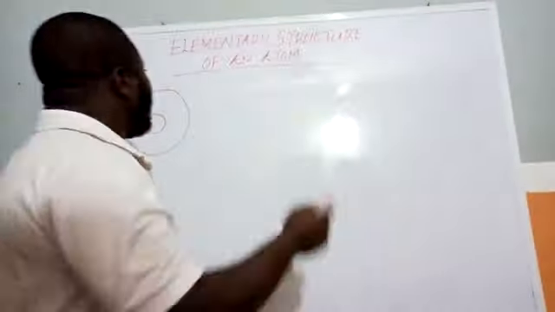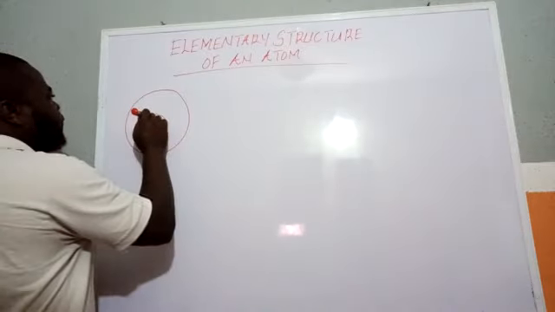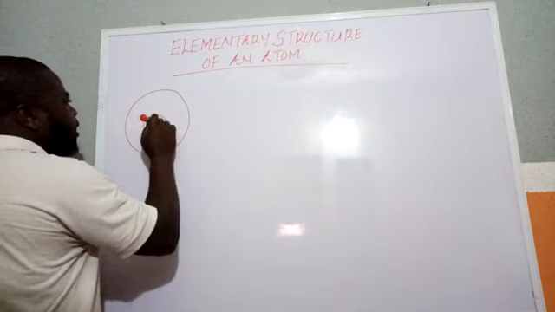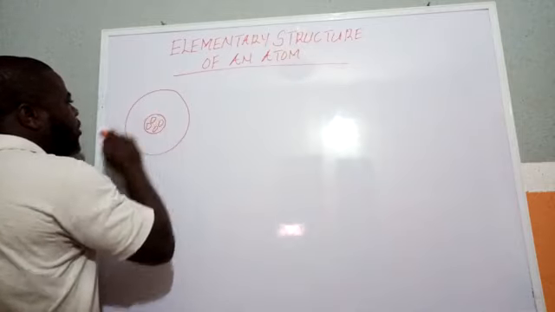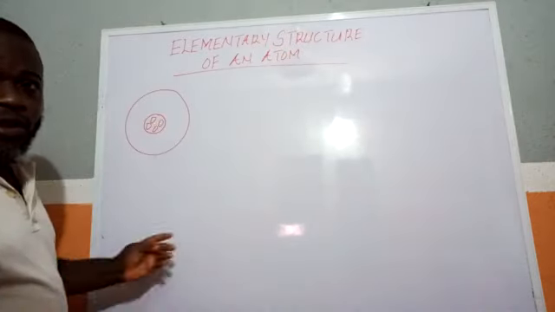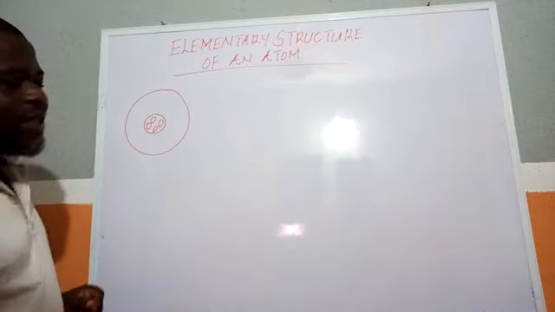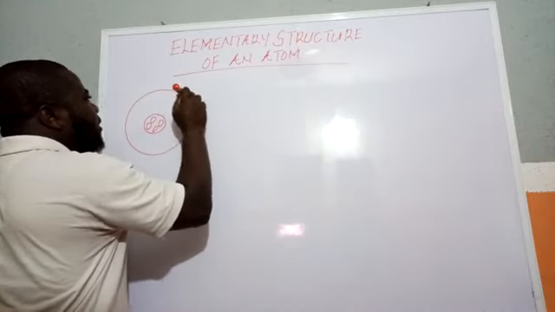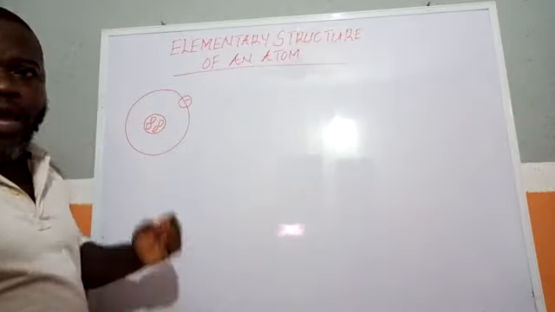So let's assume we have 2 neutrons, then 2 protons. You can see that. Now, what they are saying in essence is that something is moving around this. That is what we call our electron.